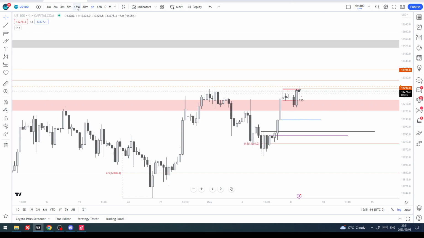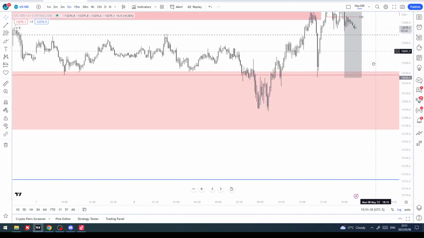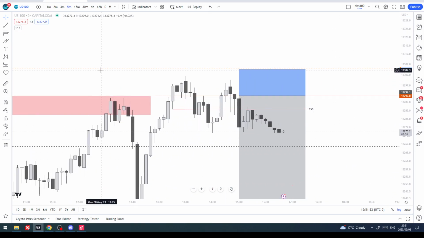The only reason I am short here now and why I have had this here is simple. High got taken by this candle. That candle got traded through here. See that?